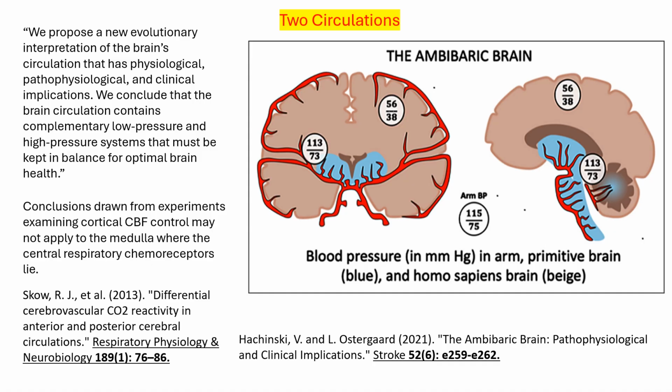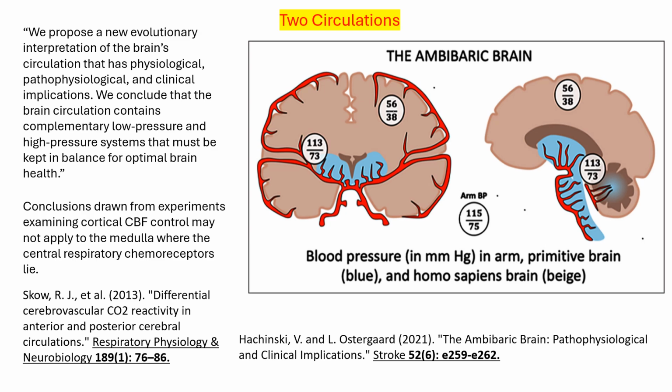By contrast, the cortical low pressure system has a more specialized control of flow distribution, with vascular smooth muscle sensitive to arterial CO2. Indeed, blood flow in the middle cerebral artery supplying the cerebral cortex is higher and more responsive to CO2 than blood flow in the basilar artery supplying the medulla, which has a lower blood flow and is less responsive to CO2.